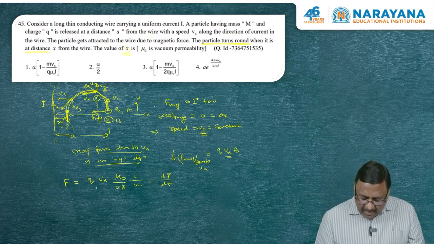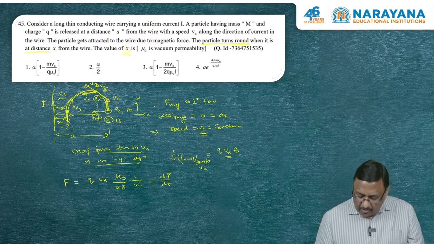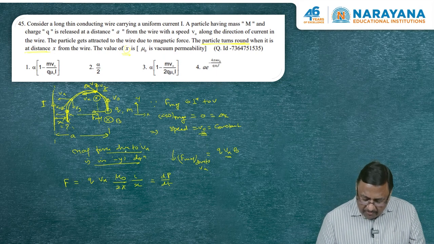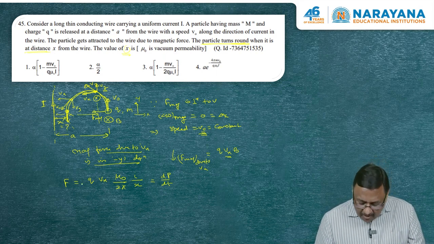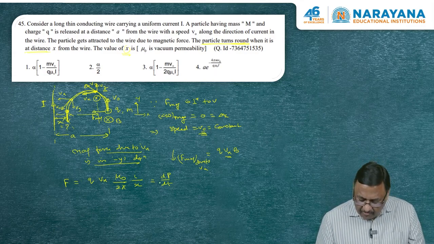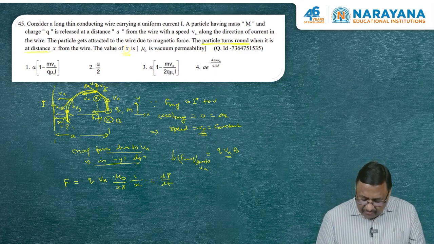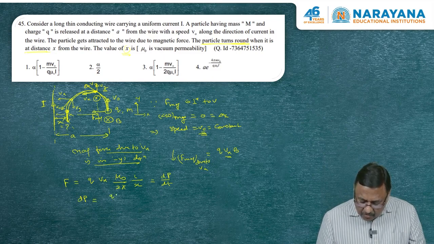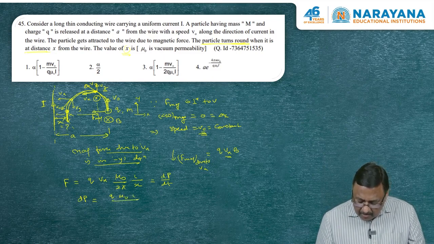This force is acting in the downward direction, so if I consider upward as positive, downward as negative, I can choose this to be negative here. Being vector quantities, I write now dp is equal to q mu naught I divided by 2 pi x Vx dt.